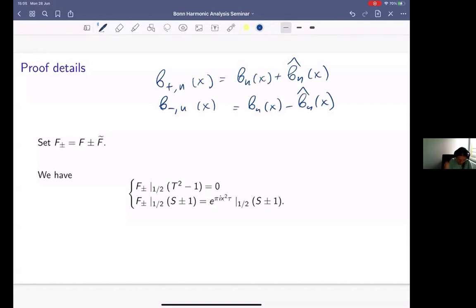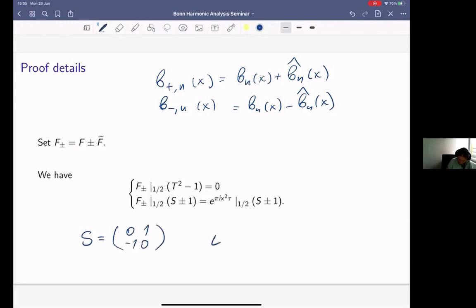Now for each of these, f plus and f minus, we also have a functional equation. And again, these functions are both two periodic, and they also have a nice transformation property with respect to this element S, which is an involution of the upper half plane.